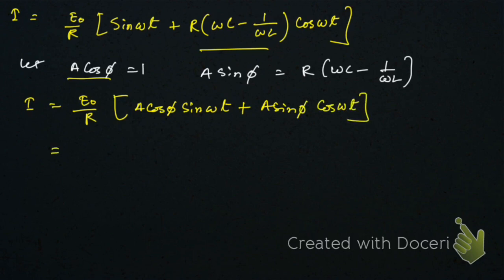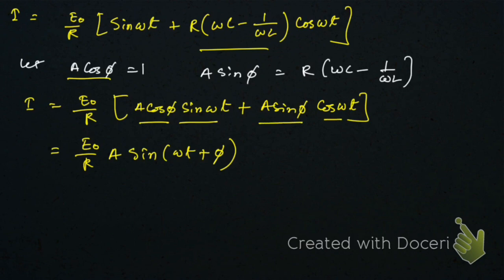So using trigonometric identities, what we can write is a sine omega t plus phi. So this is sine a cos b plus sine b cos a. You can consider it as sine a plus b, right? So hope you have understood this.